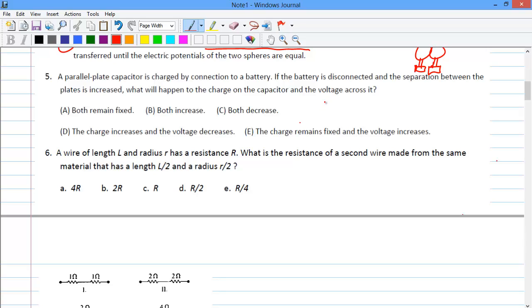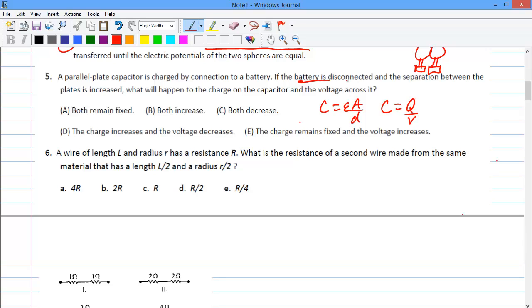So we know that C is equal to epsilon A over d, and we also know that C is equal to Q over V. If the battery is disconnected and the separation between the plates is increased, what will happen to the charge on the capacitor and the voltage across it?